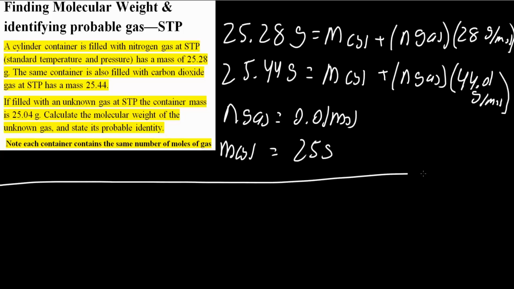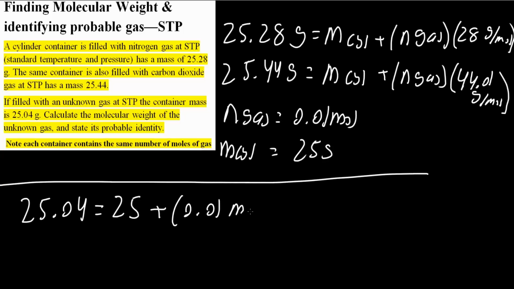This is very important for the third step. If it is filled with an unknown gas at STP, the container mass is 25.04 grams. So we now know that we have 25.04. This is equal to the mass of the cylinder, which we said was 25 grams, plus n gas. We know n gas is 0.01 moles, times now molecular weight.